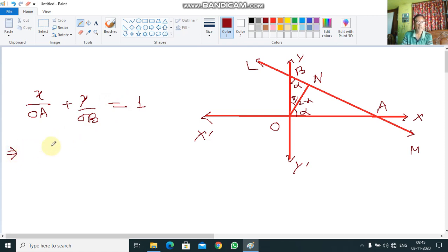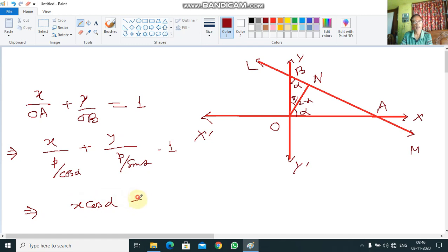That implies x by p by cos alpha plus y by p by sin alpha is equal to 1. That implies x cos alpha plus y sin alpha is equal to p, which is the required equation of a straight line in normal form.